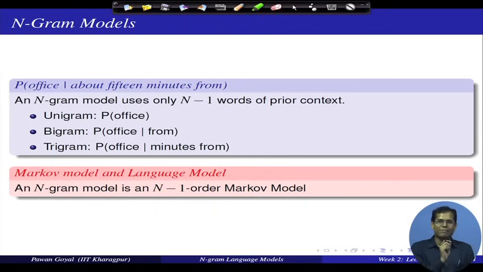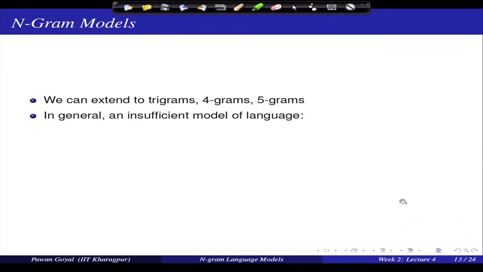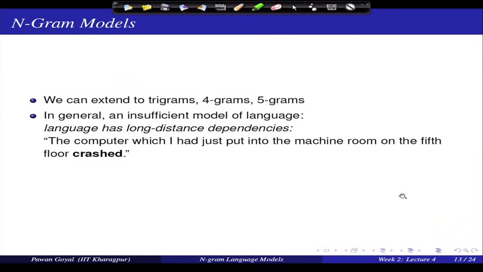In n-gram language model, I use n minus 1 words from the context. Now in general, we can extend it to trigrams, using 2 words from the context, 4 grams, 3 words from the context, or 5 grams, 4 words from the context.